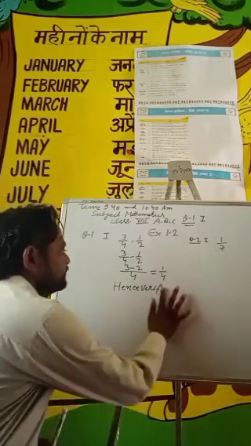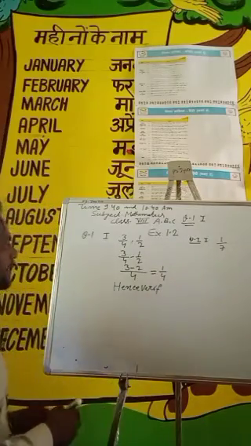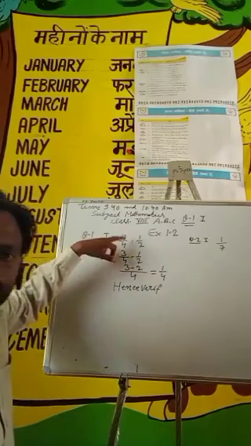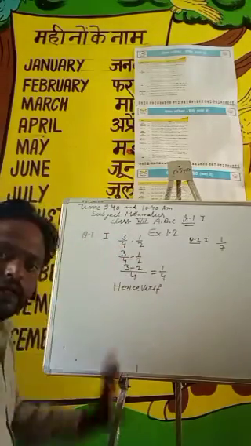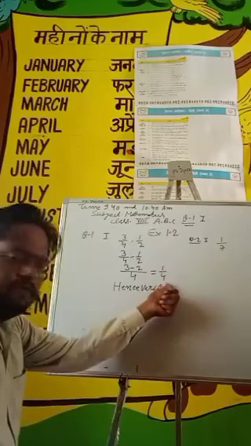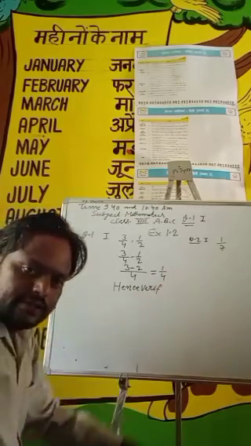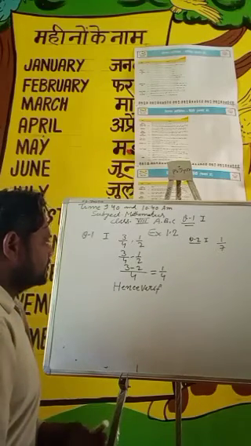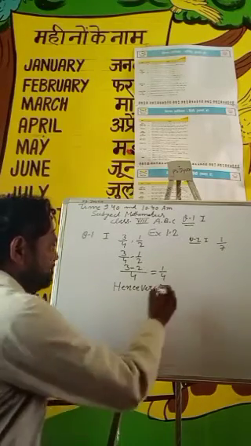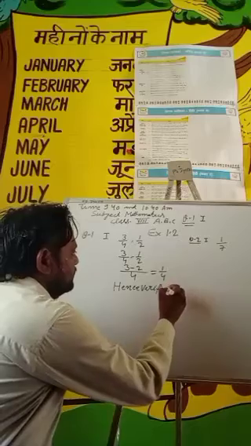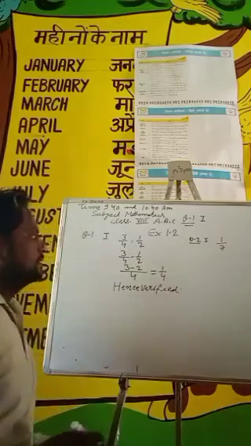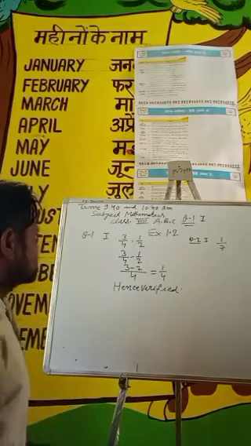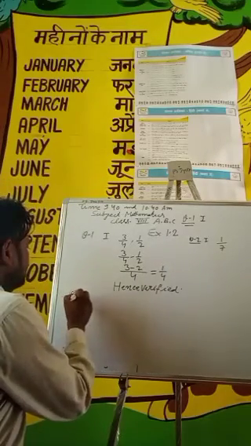Hence, closure property verified, because 3 upon 4 and 1 upon 2 are both rational numbers, and the result 1 upon 4 is also a rational number. So the result is verified. Closure property verified.